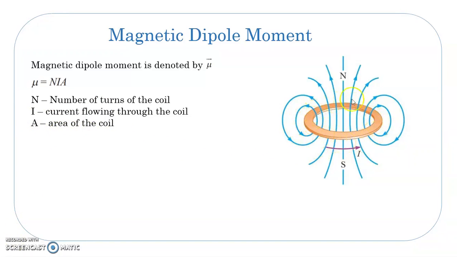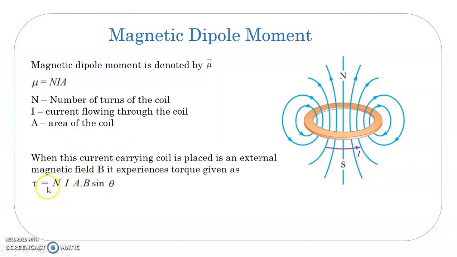When this current carrying coil is placed in an external magnetic field, it experiences torque given by the formula tau = NIAB sin theta. But we have seen that magnetic dipole moment mu = NIA. So in the formula for torque, instead of NIA, we can substitute mu.